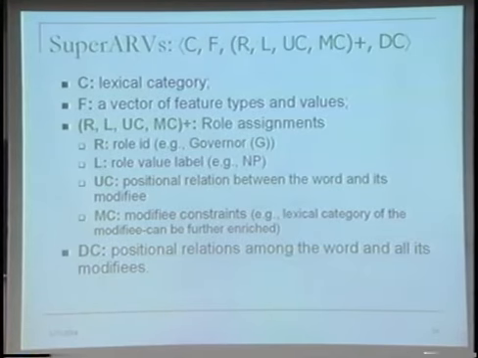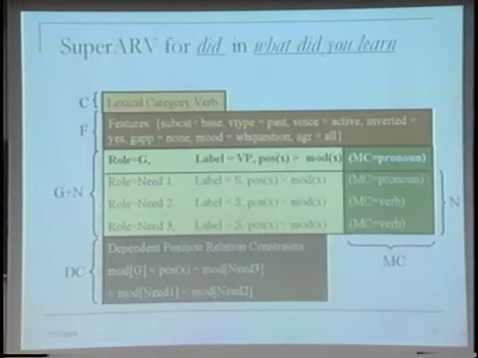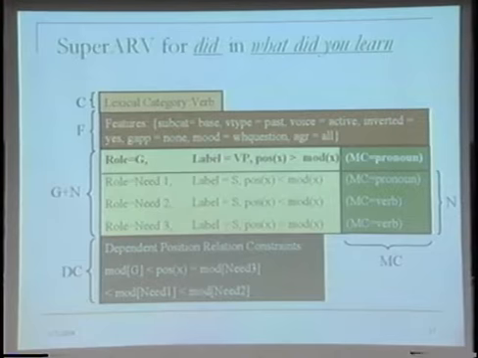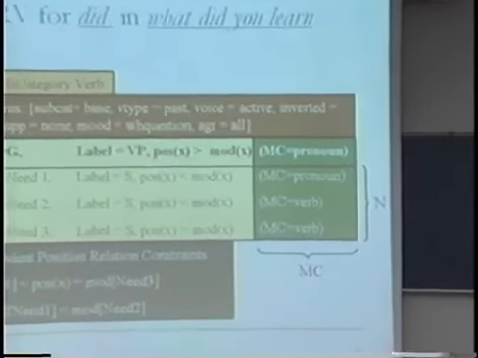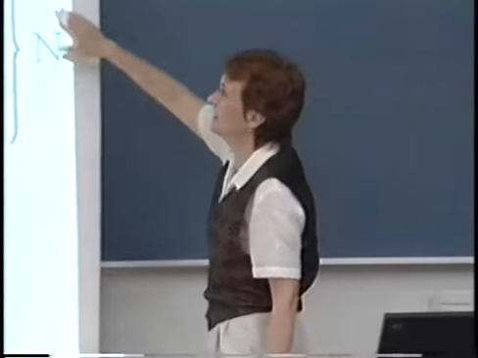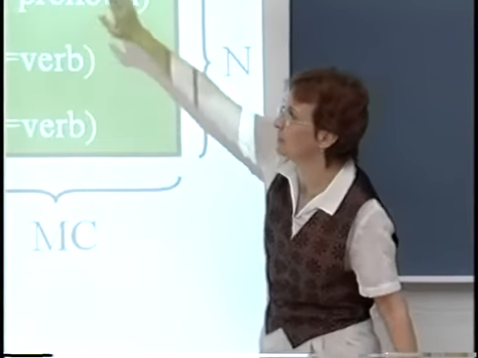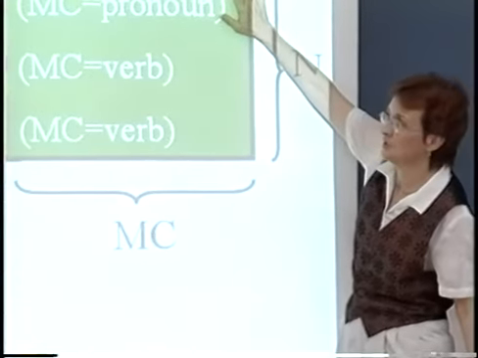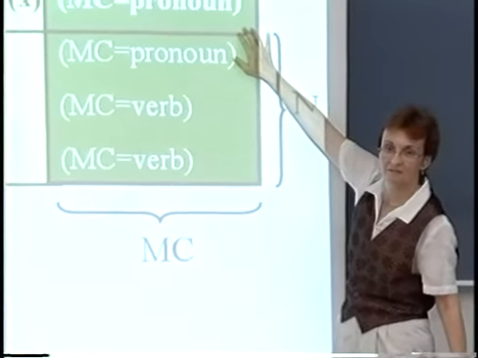So not only, if you remember, when I pulled out all that information, I pointed out the fact that there was relative positions between each of the assigned modifiees in the position of the word. And all of those constraints are there and can be expressed very nicely in terms of a vector of information. So here is a super ARV for did. Now, by and large, if you go back and look at the ARV, it was essentially this top piece, right? You had the verb, you had the features, and you had this, right?